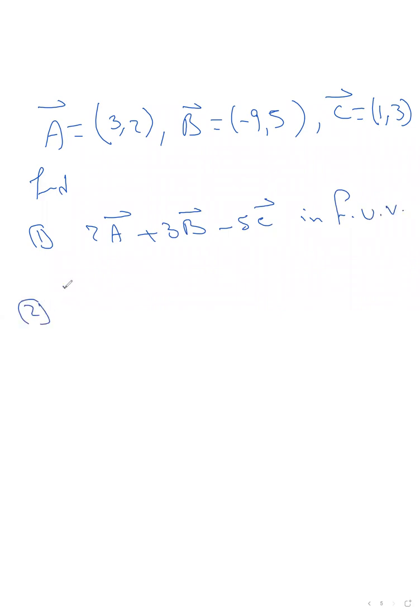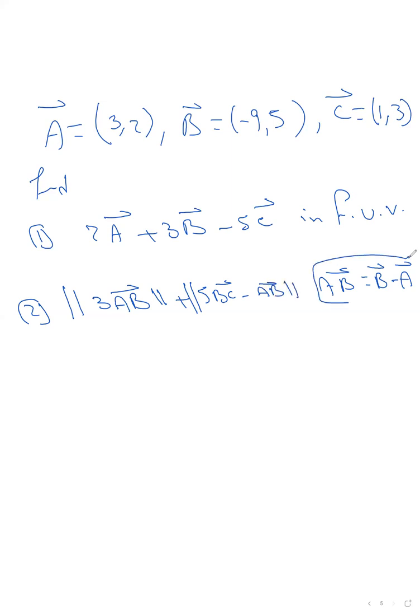Number 2, find the norm of 3AB plus 5 norm of 5BC minus AB. Remember AB? AB means vector B minus vector A.